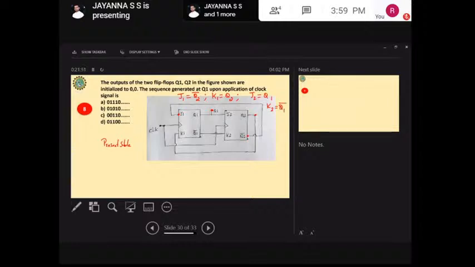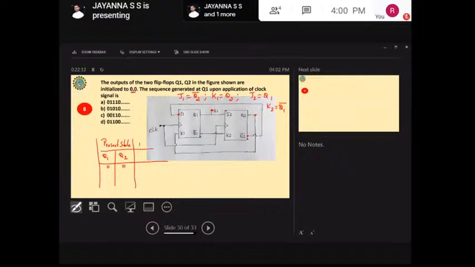Next, I'm going to write the state characteristics table where the present state is Q1 and Q2. They have given the present state of Q1 and Q2 as 0 and 0 initially. Let us take the values.